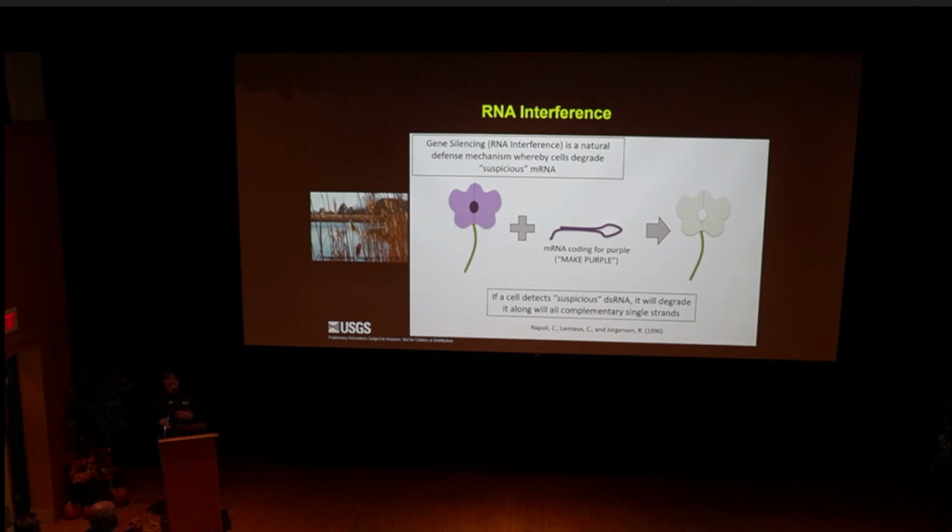Well, ultimately, that's where they figured out this process of RNA interference, where the cell detects, the plant detects suspicious double-stranded RNA, it's going to degrade that and the single-stranded RNA that goes along with it. And this process was formally described, and Andrew Fire and Craig Mello got credit for it in 2006 for the Nobel Prize in physiology or medicine.